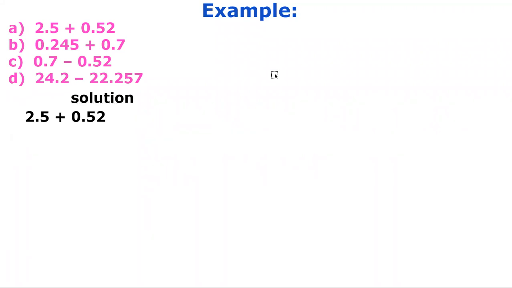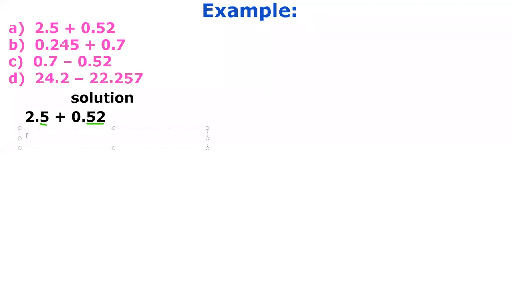Okay, so let's check the decimal numbers here. We have only one decimal number, and we have two decimal numbers here, so you are going to balance them. Okay, so let's balance them.